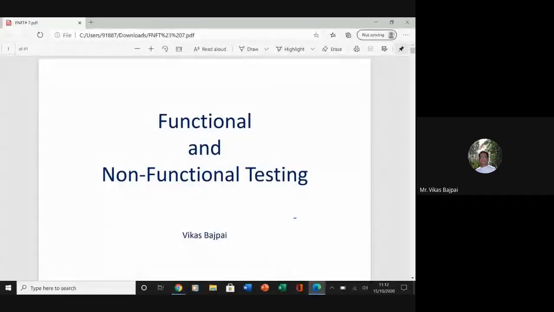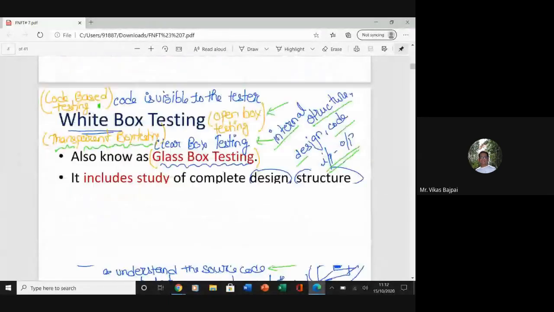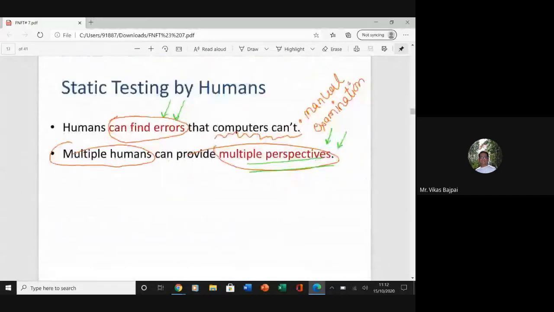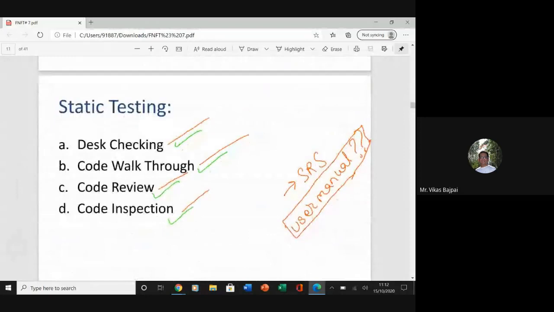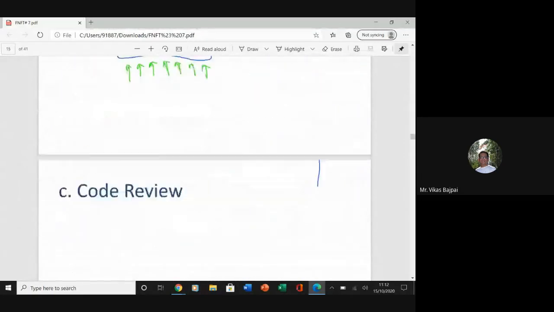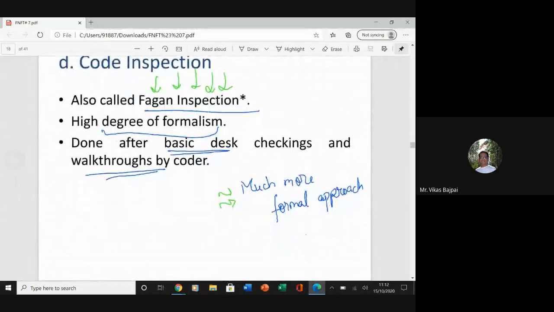So previously we had a talk on some basic types of testing. I'll quickly skip this part. In the last class we looked into static testing, and we saw some issues associated with the ways to go ahead with it.